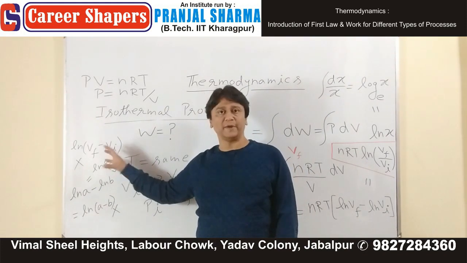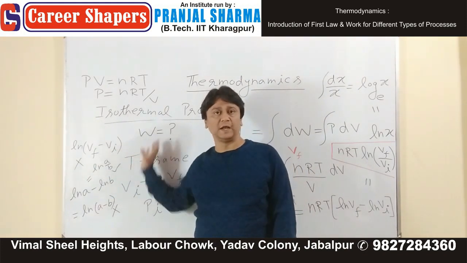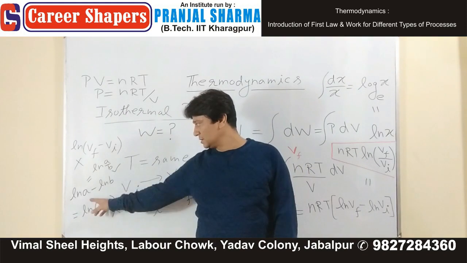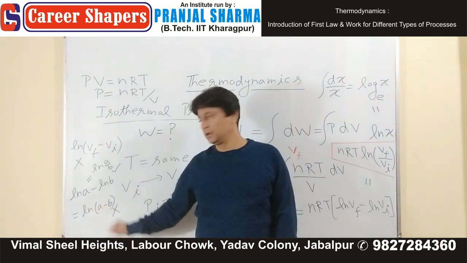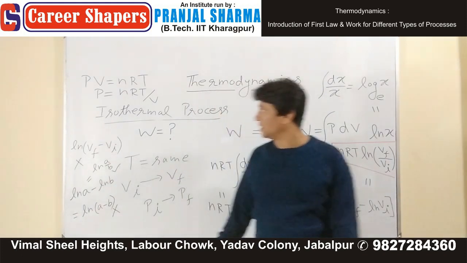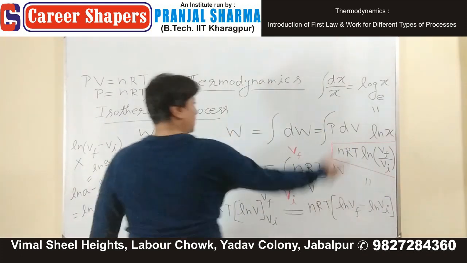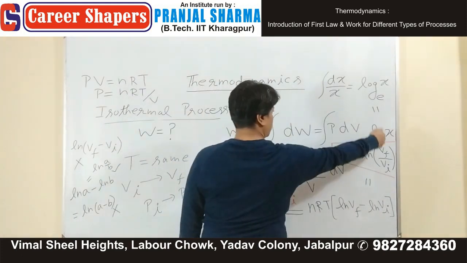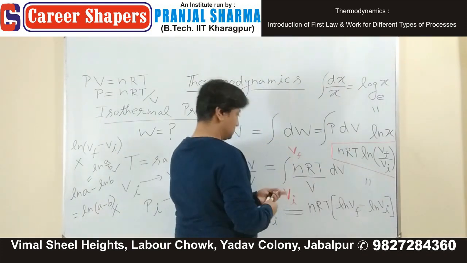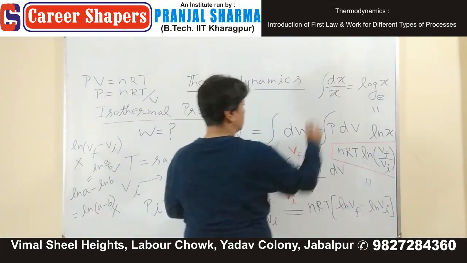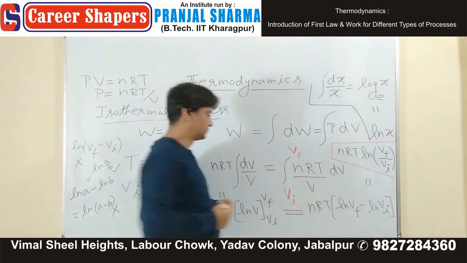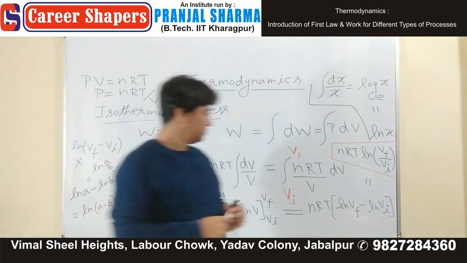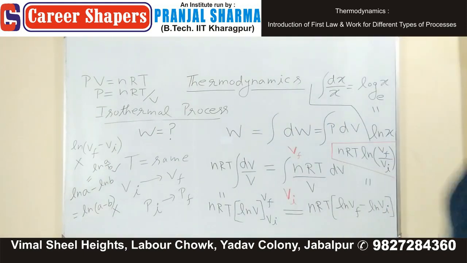We don't use limits with V alone, we use limits with the entire function. And similarly, log a minus log b is not log a minus b. This is log of a upon b. And also this formula which I gave you. And now I want an answer in terms of P final and P initial.